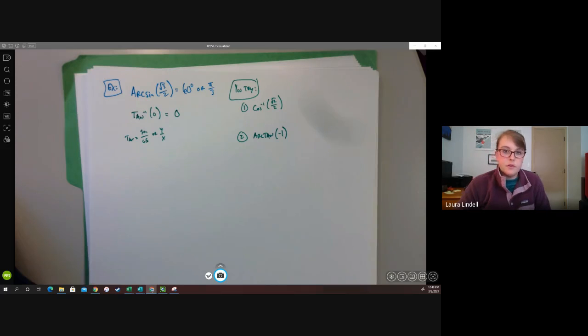All right, for those of you who think you have it, what do we think for cosine inverse of root 2 over 2? What do we get? You can put degrees or radians or both. All right, yes. 45 degrees or pi over 4.